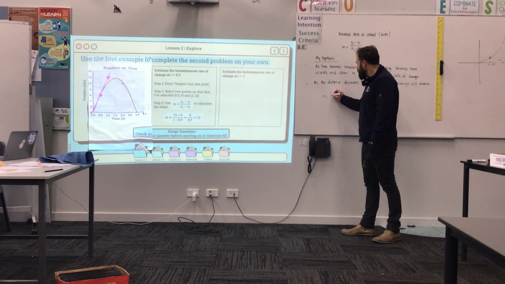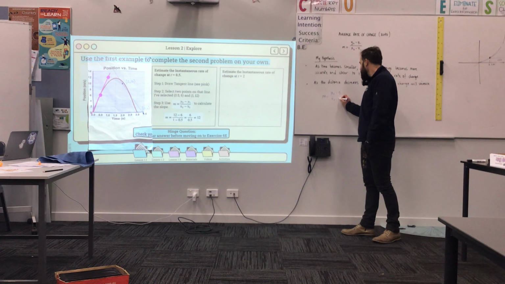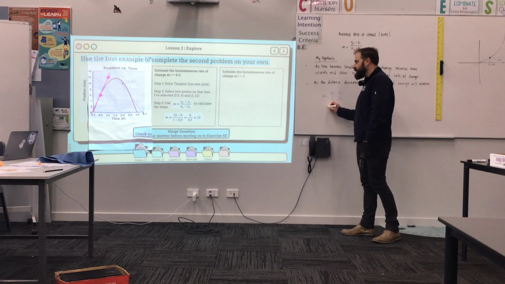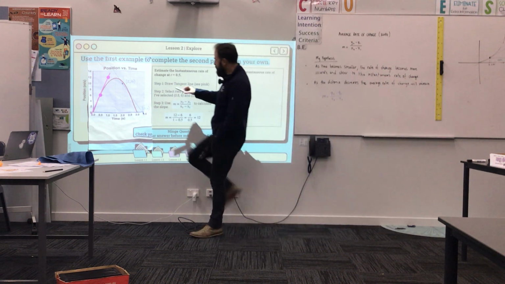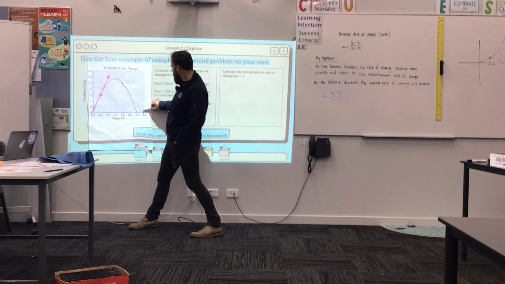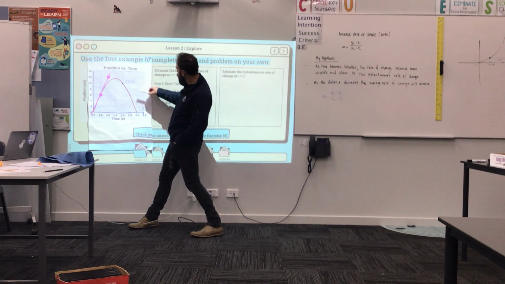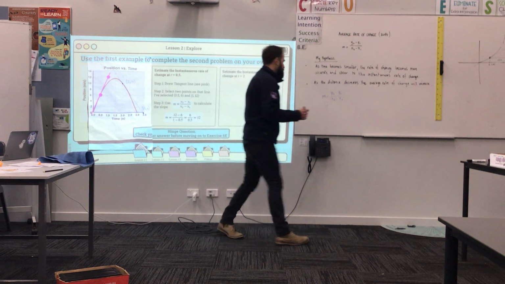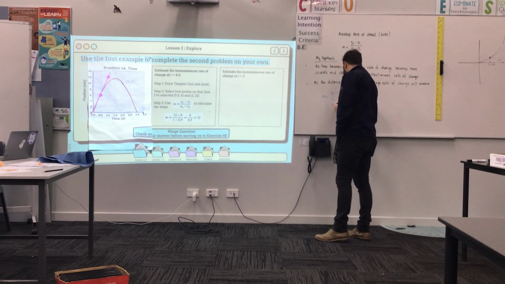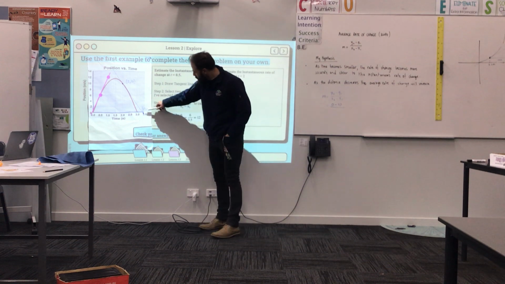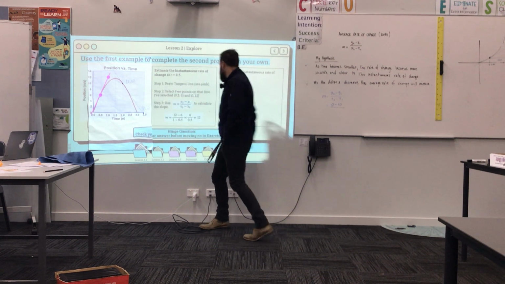The gradient is y2 minus y1 over x2 minus x1. So let's say this is my first point, second point. So y2 is 0, y1 is 10. x2 is 3.5, x1 is 2.